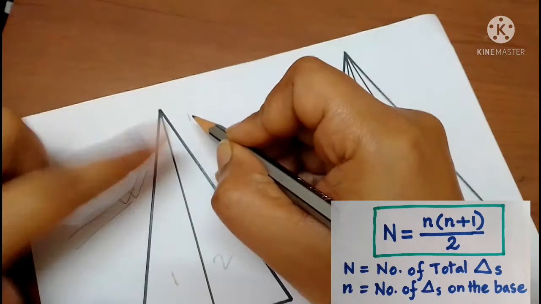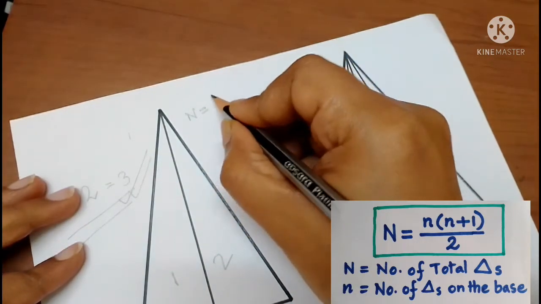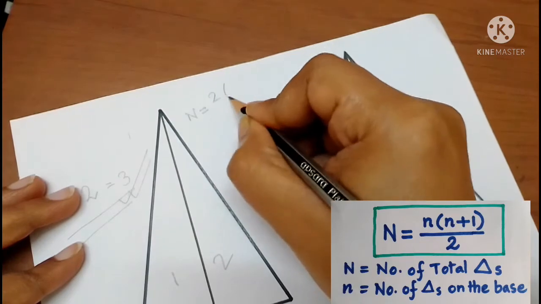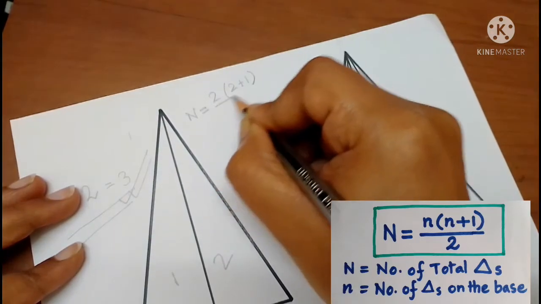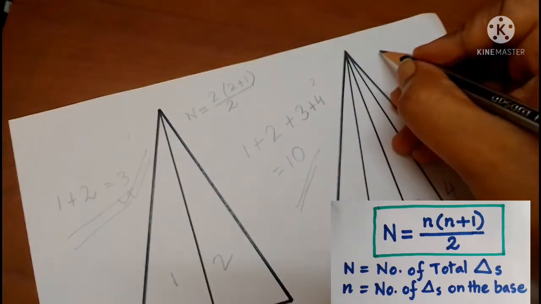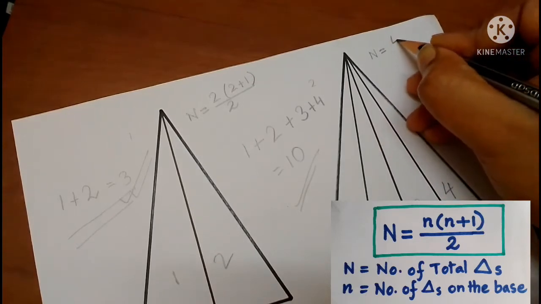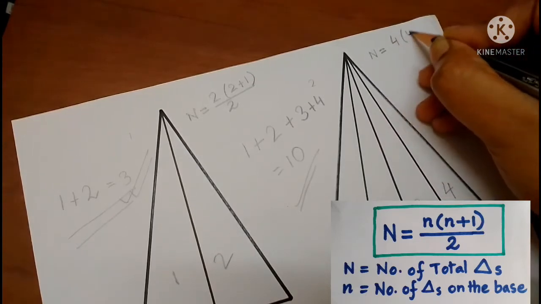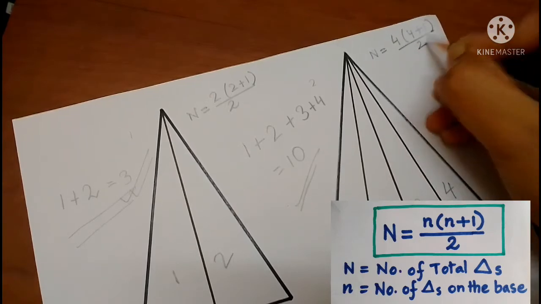Say N for this case is 2 into 2 plus 1, divided by 2, and for this case it will be 4 into 4 plus 1, divided by 2.